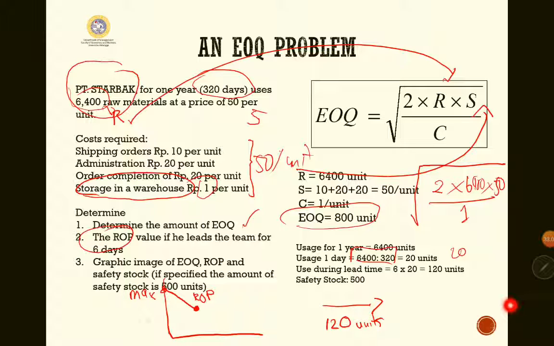This is our safety stock, SS, here, and the cycle goes on over and over. So this is the minimum amount that you should order, 800.